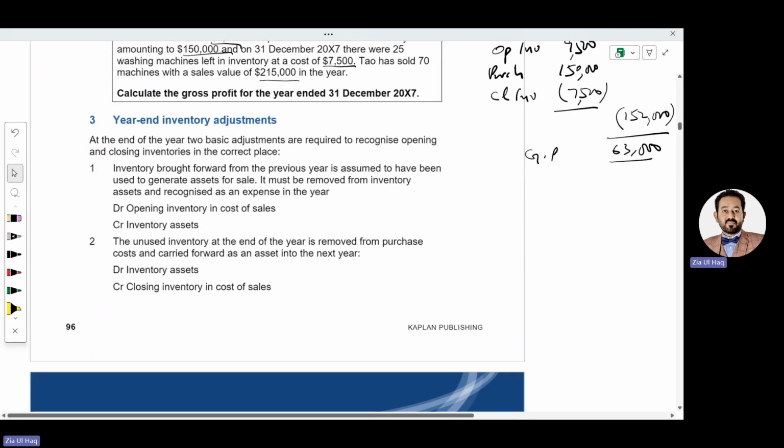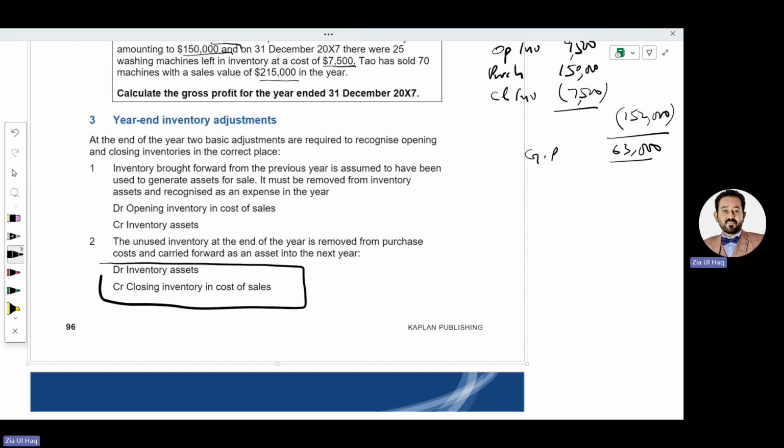What is the accounting entry for inventory? For closing inventory, the accounting entry is inventory debit, inventory credit. Inventory debit, inventory asset debit, will be recorded under current assets in the balance sheet.